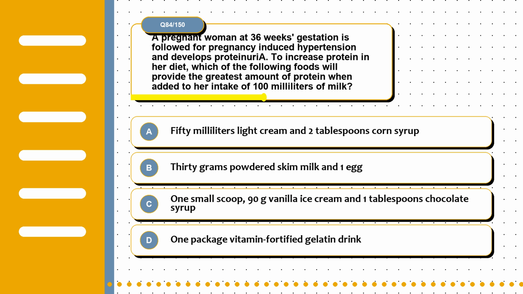Option A, 50 milliliters light cream and 2 tablespoons corn syrup. Option B, 30 grams powdered skim milk and 1 egg. Option C, 1 small scoop 90g vanilla ice cream and 1 tablespoon chocolate syrup. Option D, 1 package vitamin-fortified gelatin drink.